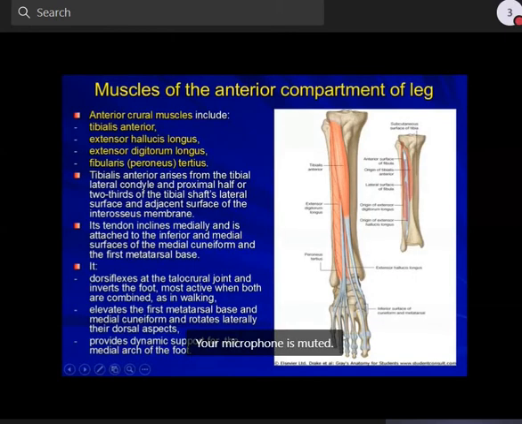So the central tendon ends in the middle phalanx, but it gives collaterals ending in the distal phalanx, like in the hand, but in miniature. This is the so-called extensor hood. And extensor hallucis longus directly ends on the base of the distal phalanx.